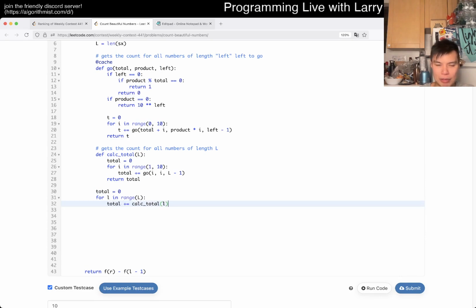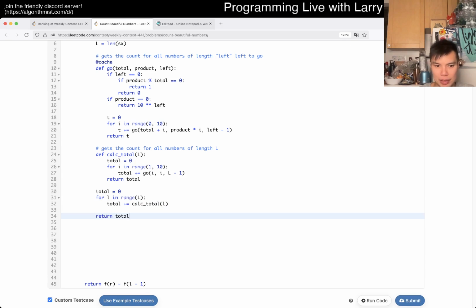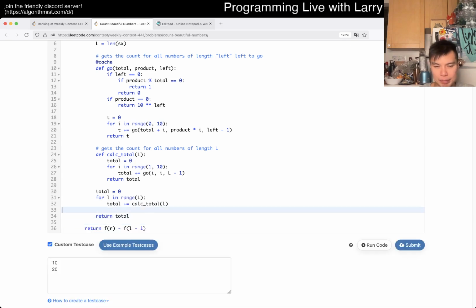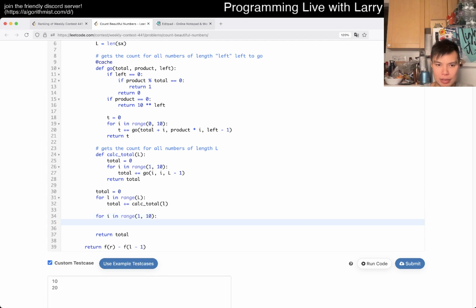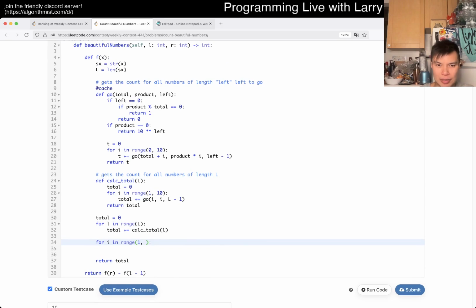Okay, so then now we have to do the prefix thing, right? So for the first digit, we go from 1 to 10 again. So the first digit, not from 10 to, what is it? int of x of 0, right?